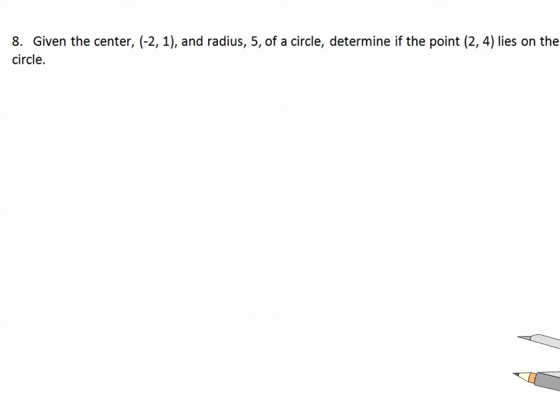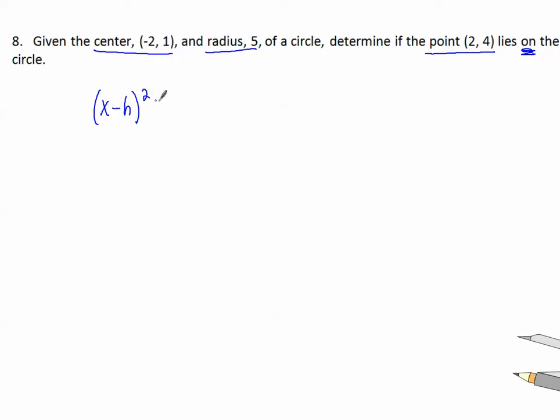Now sometimes you're going to be given other information and asked to determine if, well, let's read what there is here. Given the center and radius of a circle, determine if the point (2, 4) lies on the circle. Usually for these, it's helpful to have an equation.